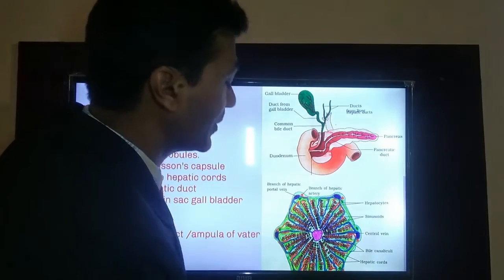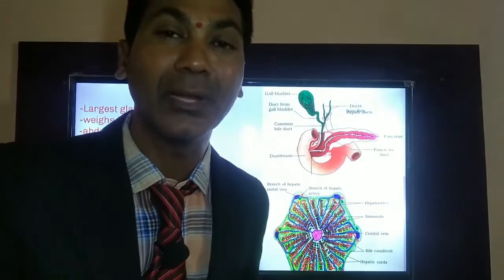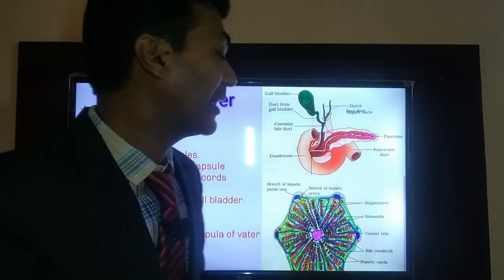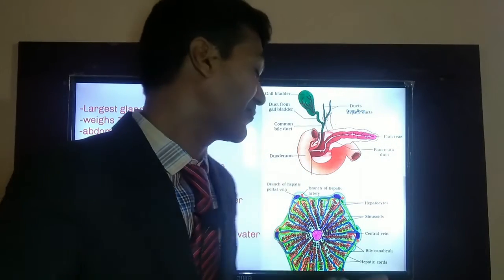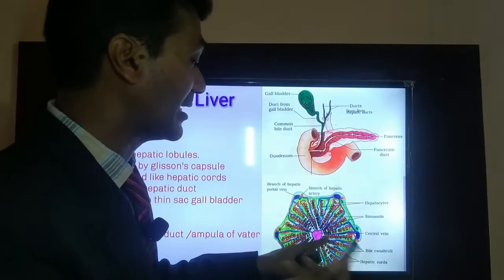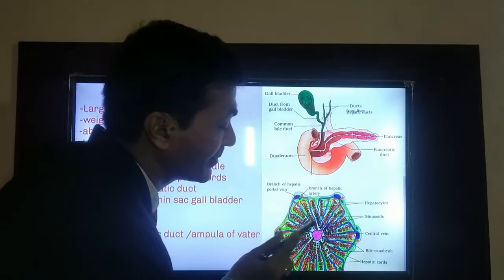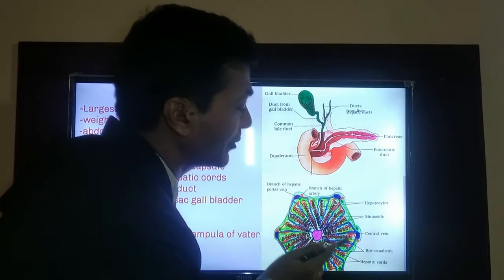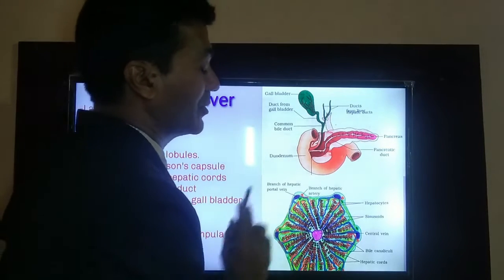The gap contains specialized ductules known as bile canaliculi. Bile canaliculi help in the passage of bile, which is synthesized by hepatocytes. As we know, bile is synthesized or secreted by the hepatocytes, and released into bile canaliculi. Apart from that, bile sinusoids are also there.